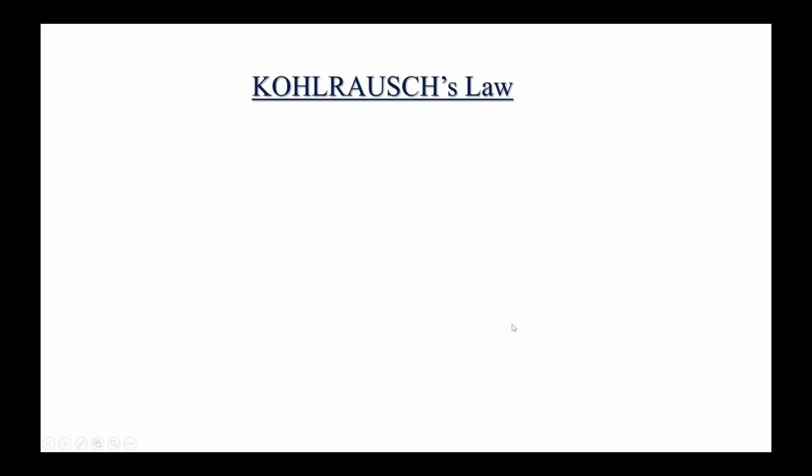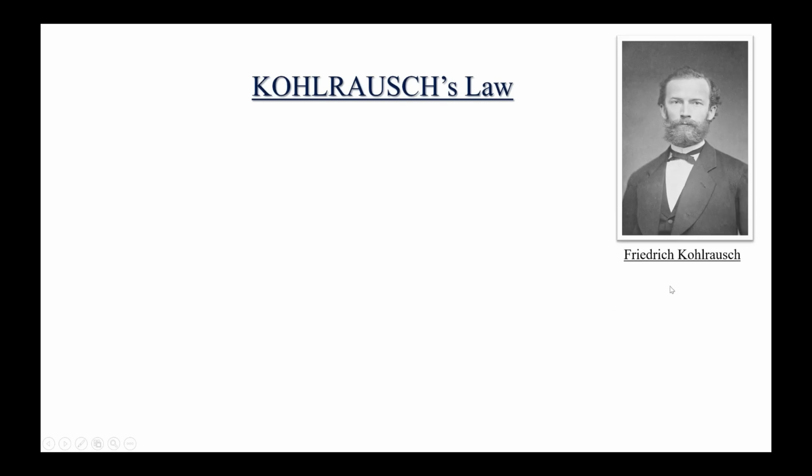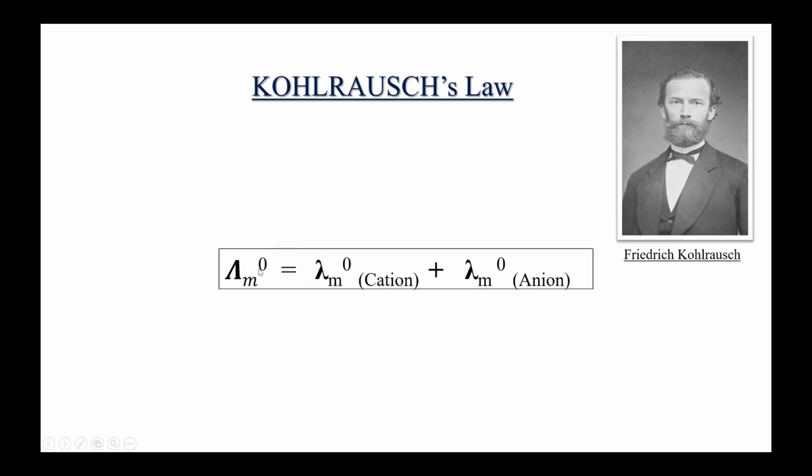Kohlrausch law, which was given by Friedrich Kohlrausch with this mathematical expression, states that the molar conductance of a substance or electrolyte at infinite dilution is because of the molar conductance of the individual ions at infinite dilution.